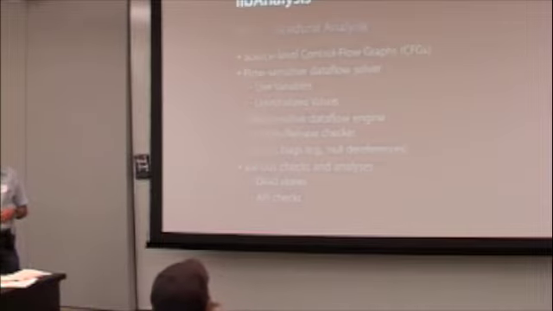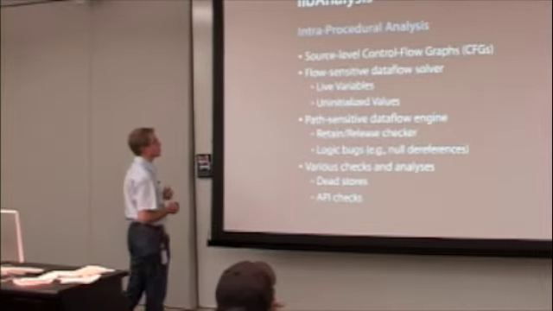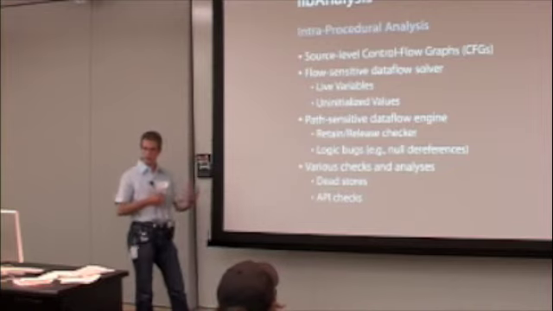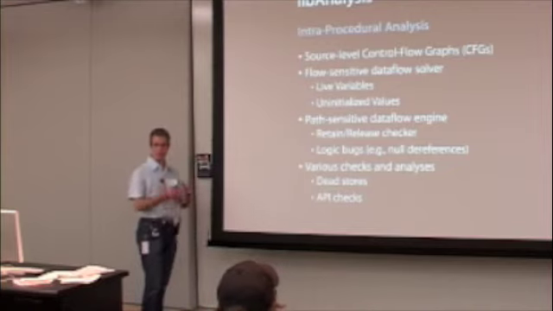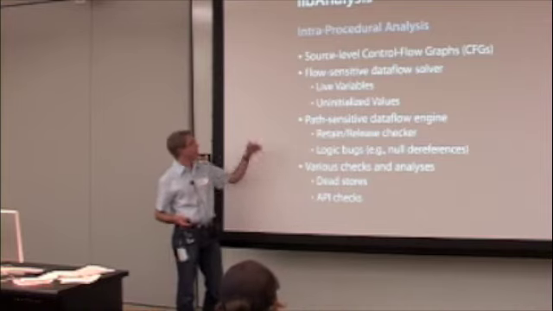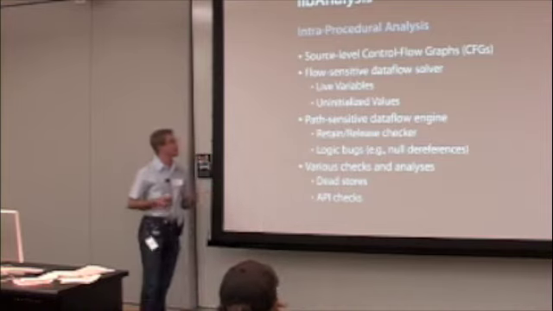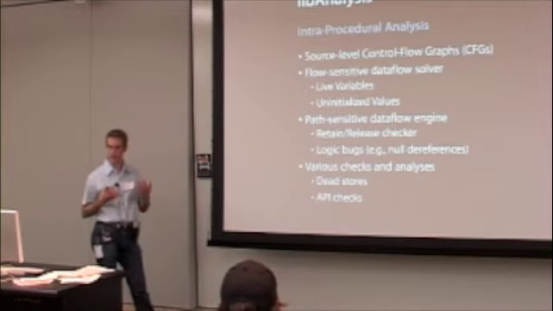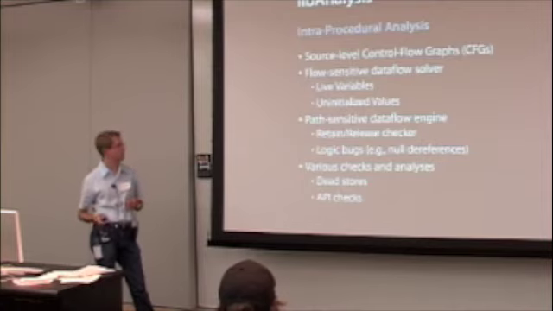So what does Lib Analysis consist of right now? It consists of some source level control flow graphs, essentially the equivalent of the LLVM IR but at a source level. Things like ternary operators and short circuit operations are explicitly represented at that level as well. We have a flow sensitive data flow solver, so you can do things like live variable analysis and initialized values, the basic checks that you would want to do in a compiler, but now you can do it at the source level.